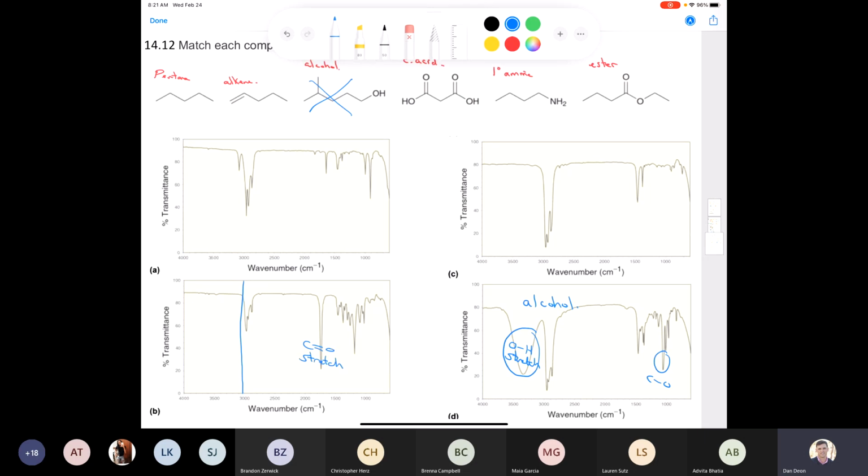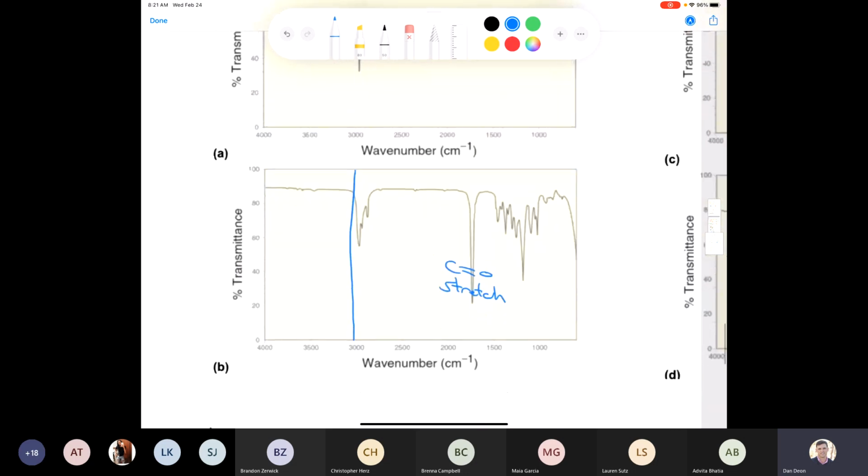If you look at the signal, the carbonyl stretch for an ester, go to your table and look at ester. The carbonyl stretch is around 1735, which is consistent with what we see here. You also see that an ester has a carbon-oxygen stretch between 1000 and 1300, and that would be this one here. This is your CO stretch, and this is your ester, okay?